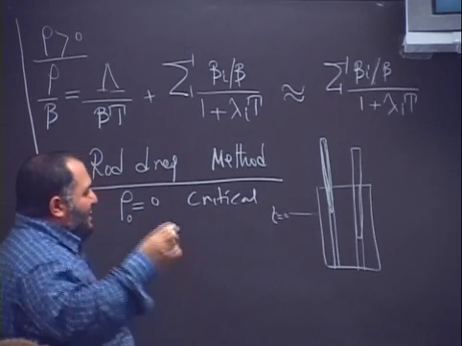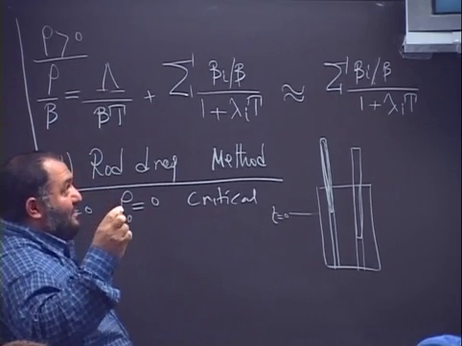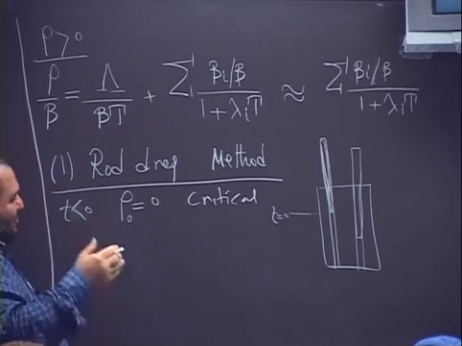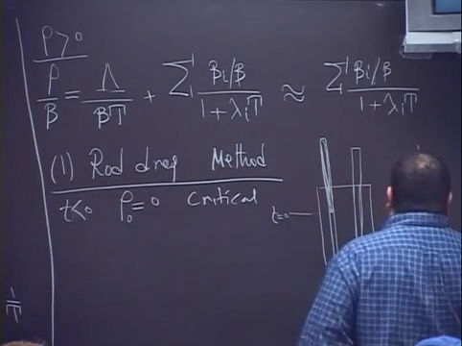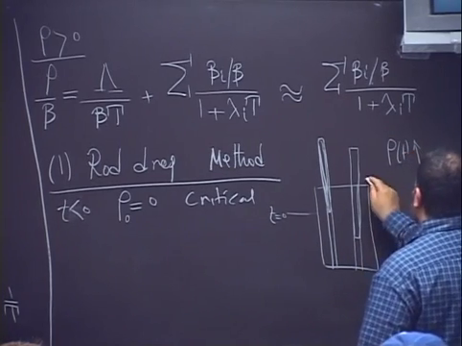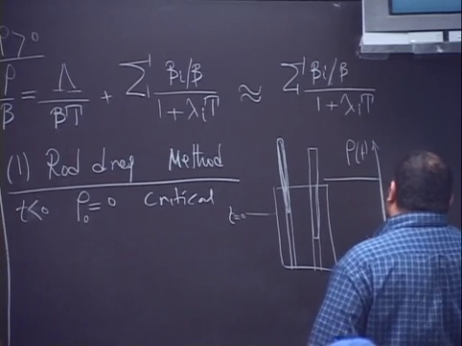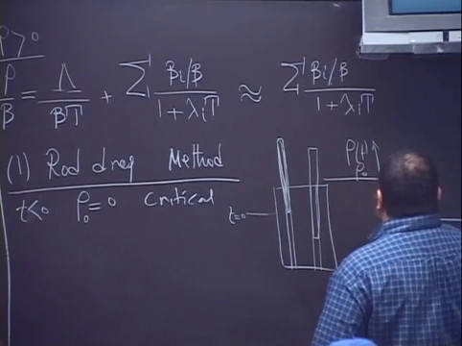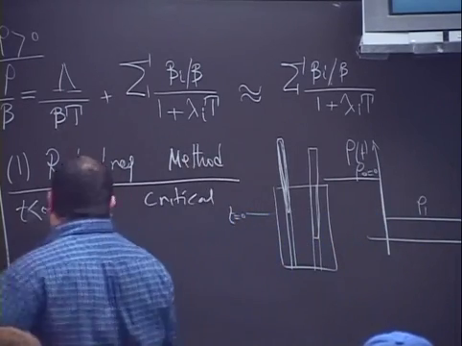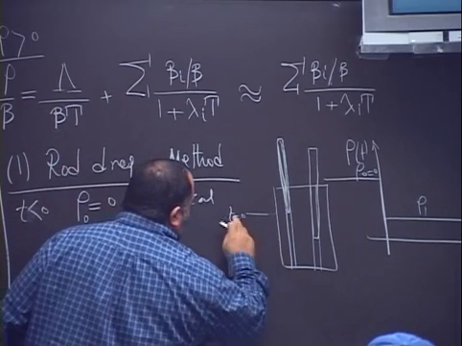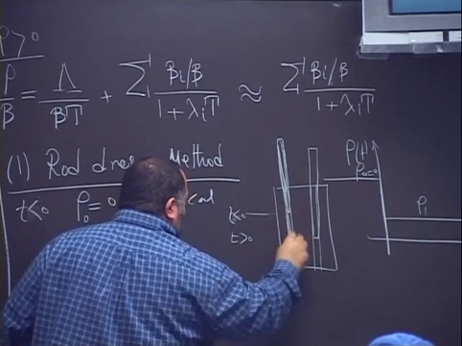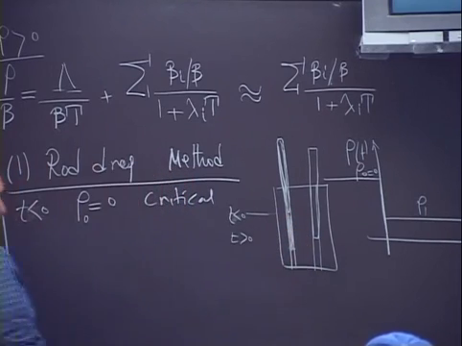Before 0, it was like this. Then at 0, I drop the control rod. So my reactivity versus time will be something like this. Then you drop it to a certain reactivity from rho naught equal to 0 to rho 1, for example. So your control rod will be dropped up to here.